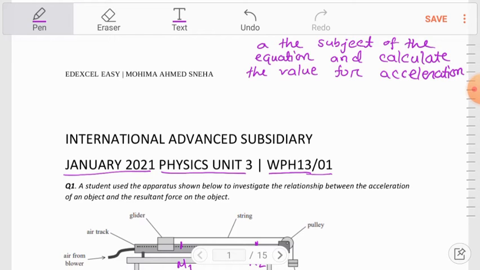So then we need to repeat the experiment 5 more times to identify any anomalous result, and also to calculate the mean, because that would increase the reliability of this investigation.